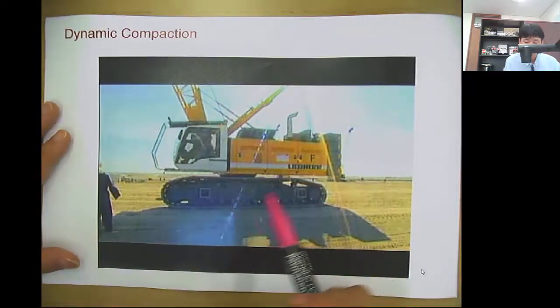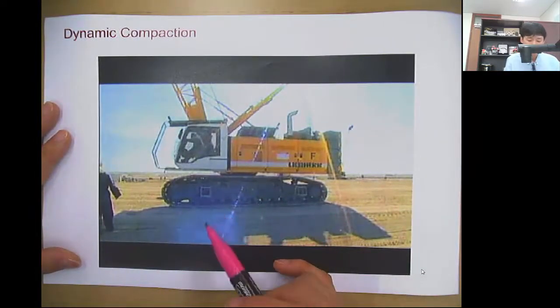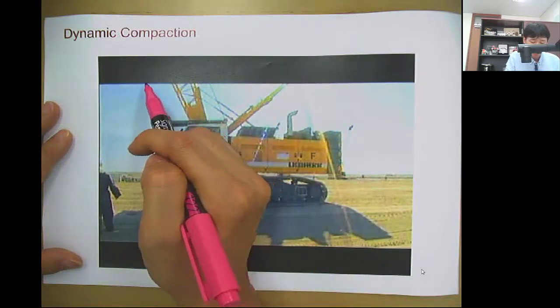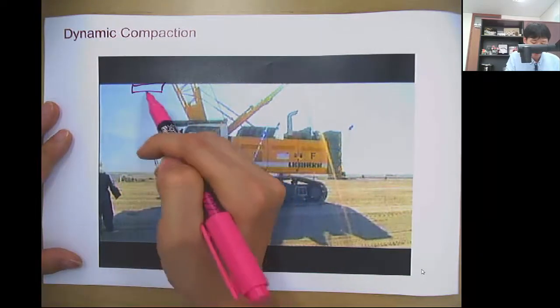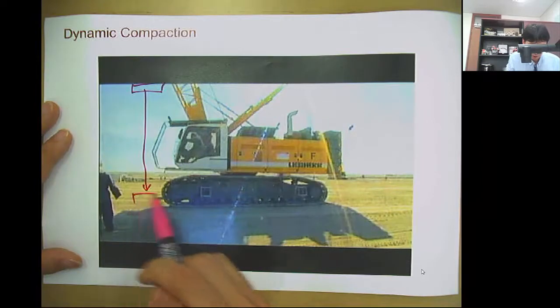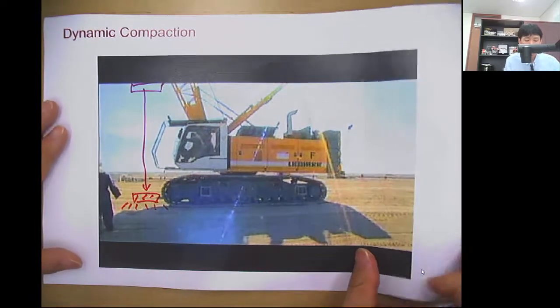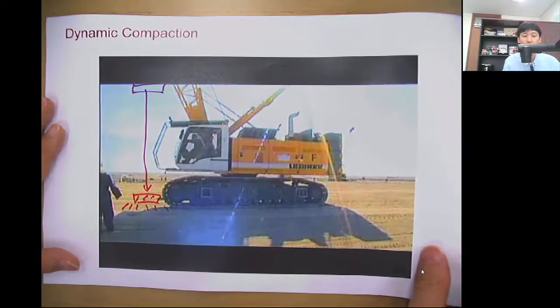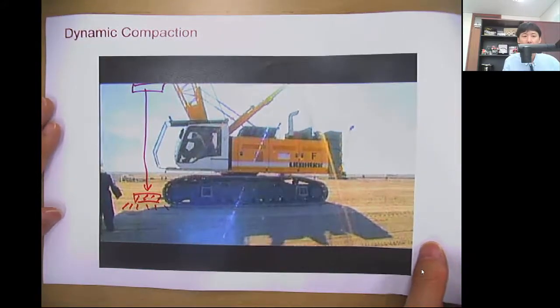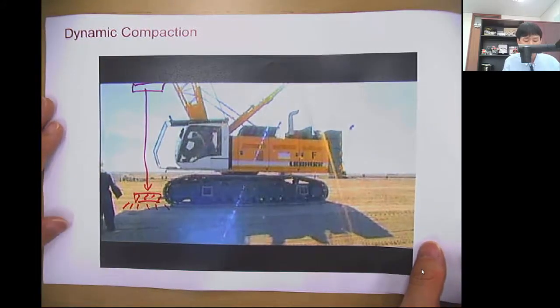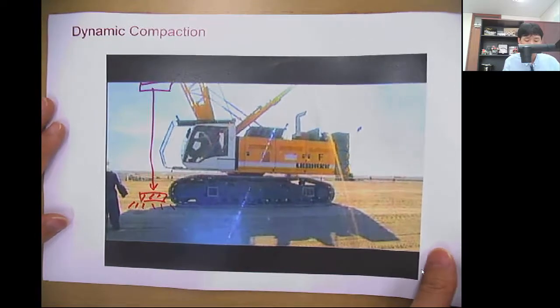And dynamic compaction. It doesn't show the movie here, but you have a heavy weight and they just drop it on the ground surface. By dropping the heavy weight, it applies an impact force to the soil, and it's called dynamic compaction.